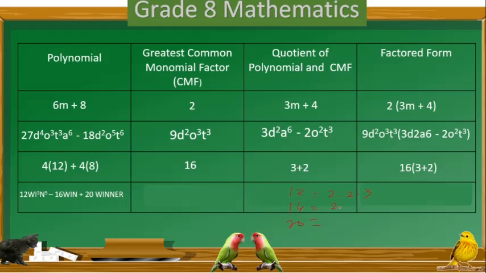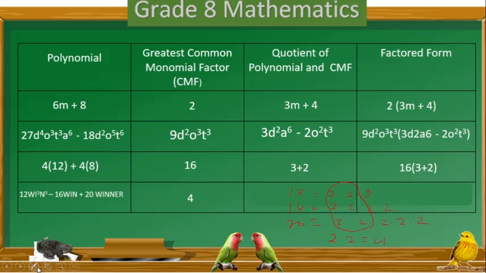This is 2 times 2 times 2 times 2. This is 2 times 2 times 2 times 2 times 2. So how many are common? These twos, no? There are two sets of twos common to all. So 2 times 2 equals 4. So meaning the greatest common factor of this is 4.